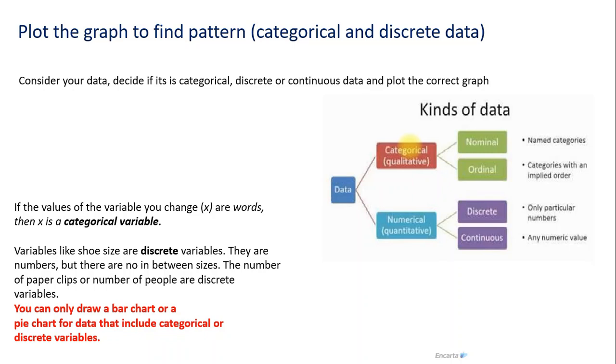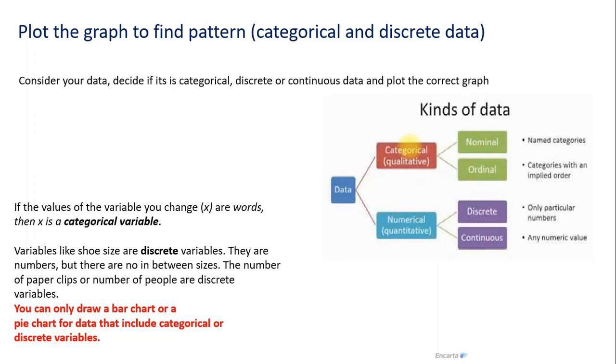Data can be grouped into 2, categorical or numerical, that is the qualitative or the quantitative. For the categorical, it could be nominal or ordinal. But for the numerical, it could be discrete or continuous.